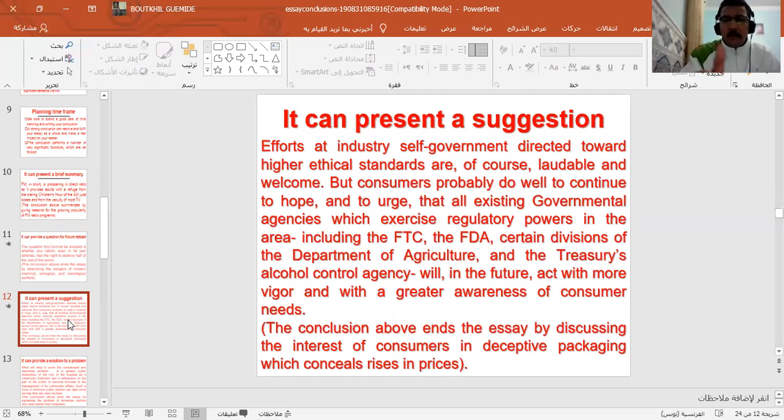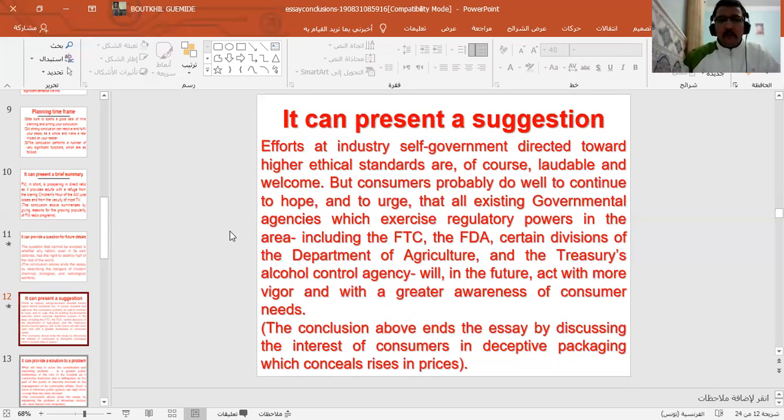So the present conclusion in the essay provided, let's say, the following suggestion, which is the awareness of consumers and their needs should put more pressure on the governmental agencies, so that they should revise the prices. All right.